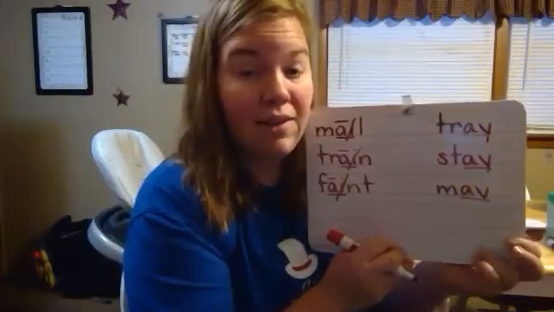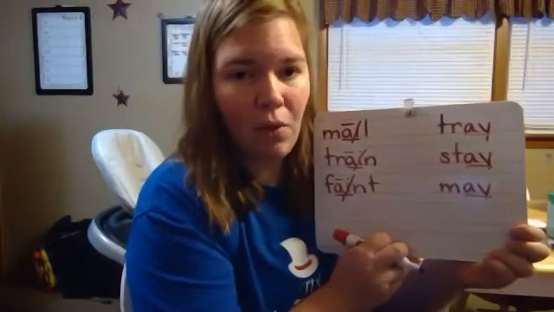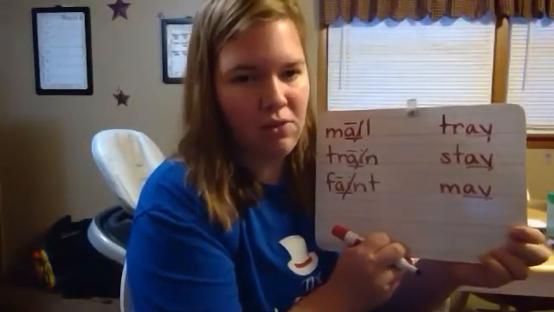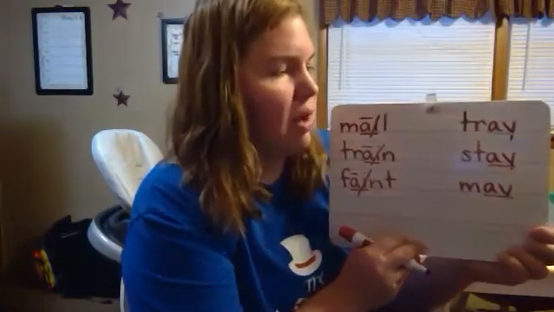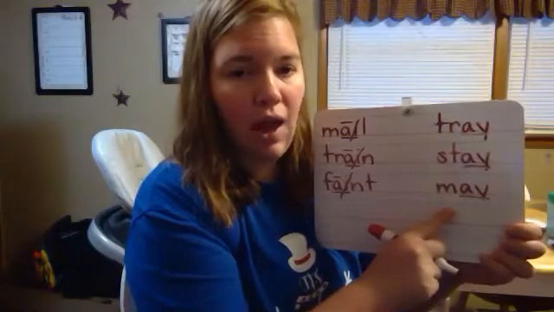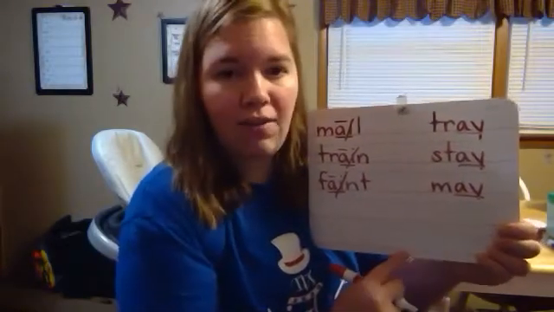This digraph is at the end of the word, so we are going to add this to our spelling responses. But to code Digraph AY, we underline the digraph, and which letter is making the sound?